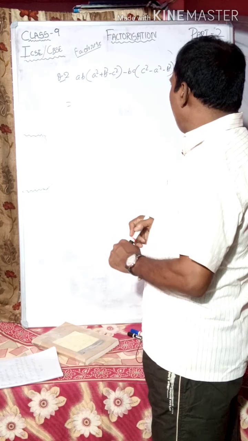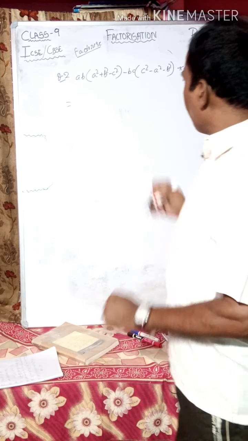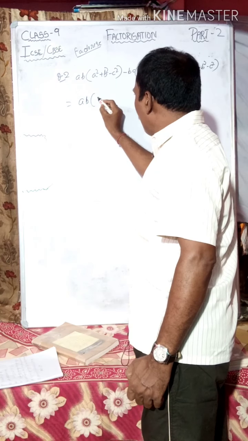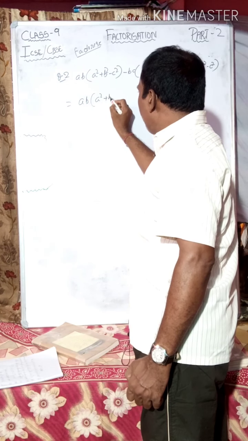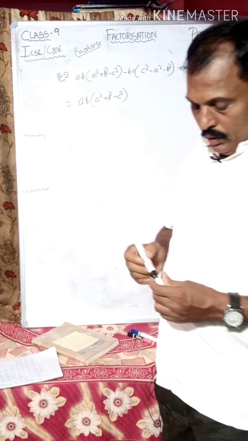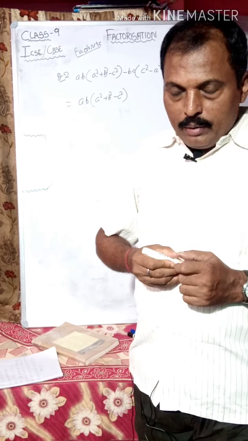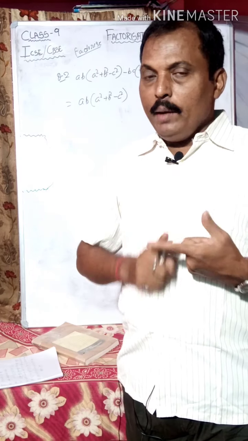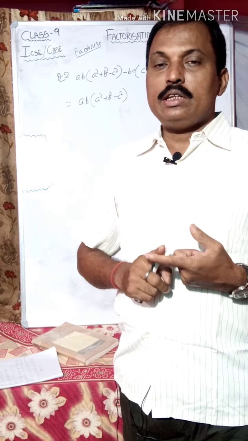Now how can we change? Now ab, look carefully, ab whole into a square plus b square minus c square. Look, in algebra, trigonometry, geometry, the change of sign is very important.